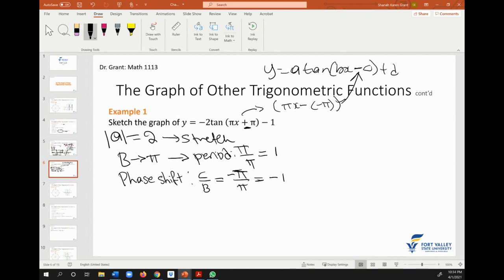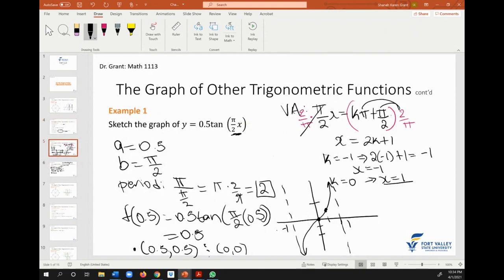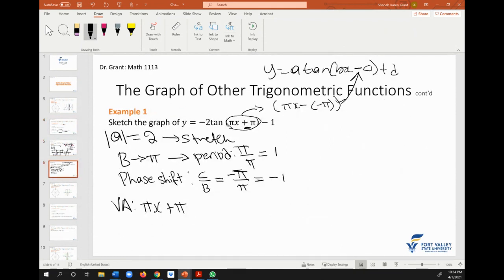Now to find my vertical asymptote. So again, what we're going to do, we're going to set this whole thing, pi x plus pi, equal to k pi plus pi over 2.